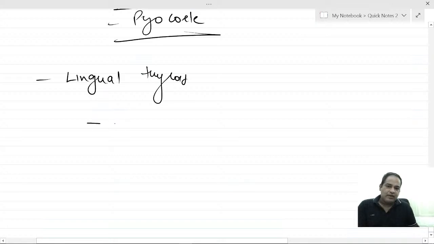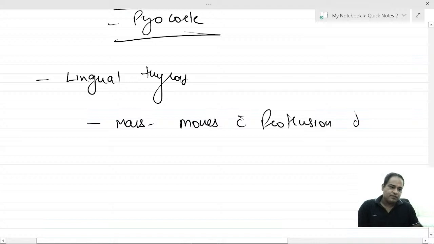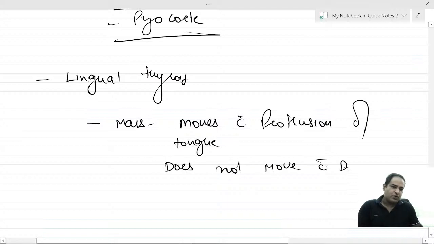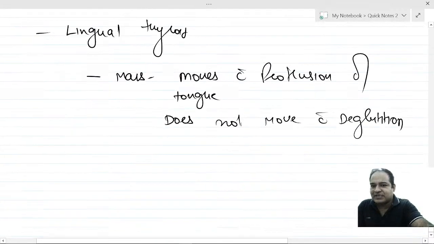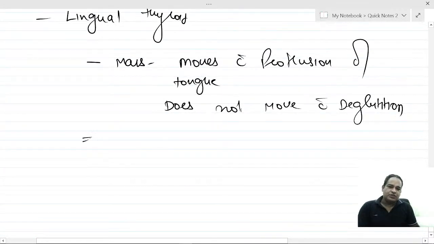Lingual thyroid is a mass which moves with protrusion of the tongue but does not move with deglutition.